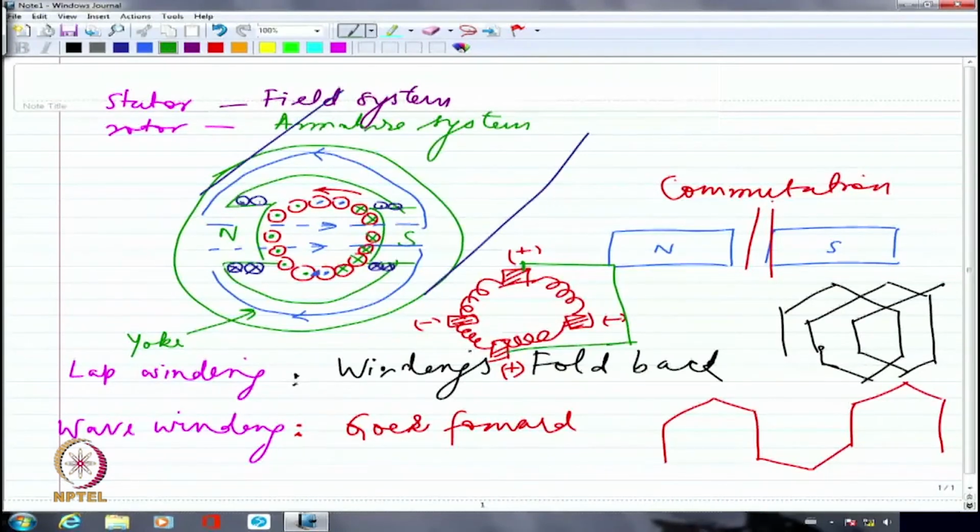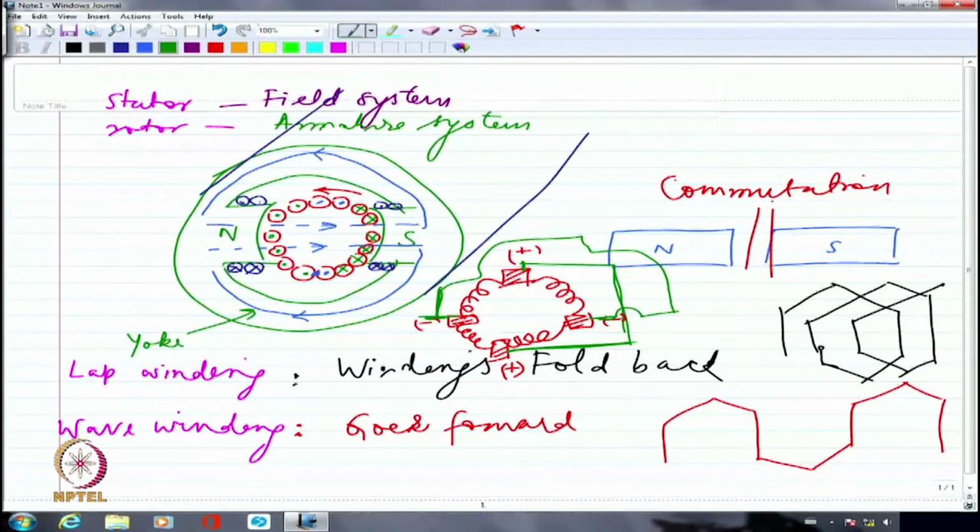So we will have thick copper conductors short circuiting these two. Similarly, another thick copper conductor short circuiting these two. Like this. I'm sorry, I have just drawn in a very congested fashion. So this is how it is going to be.